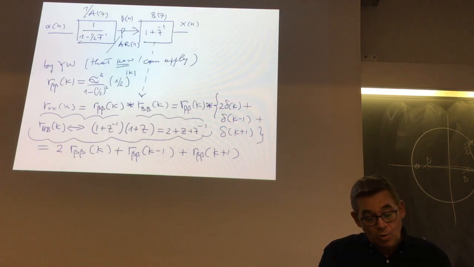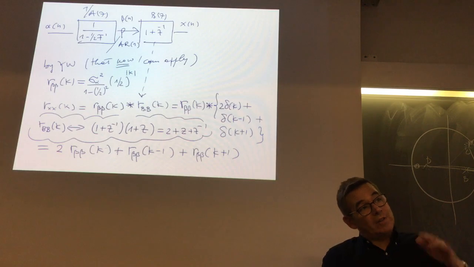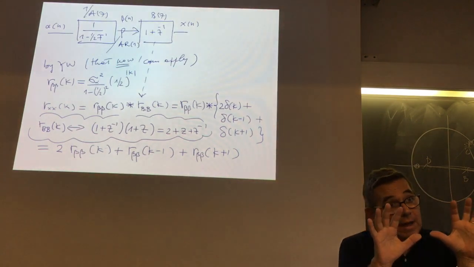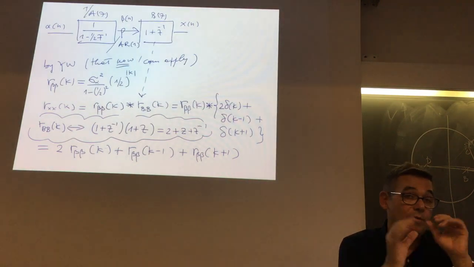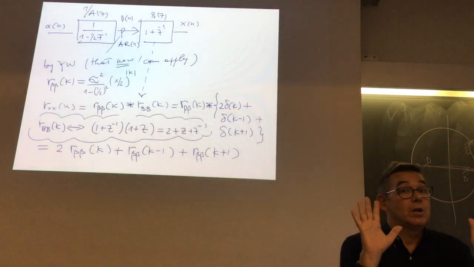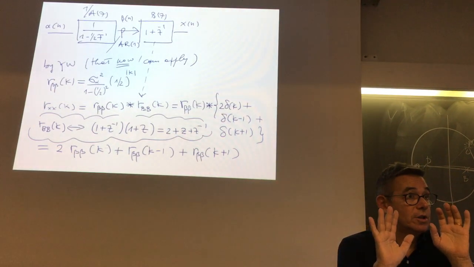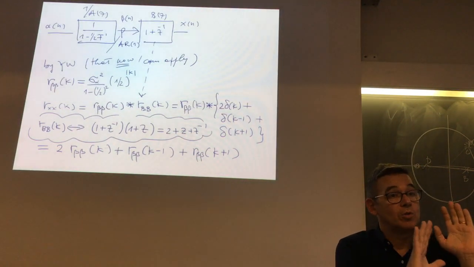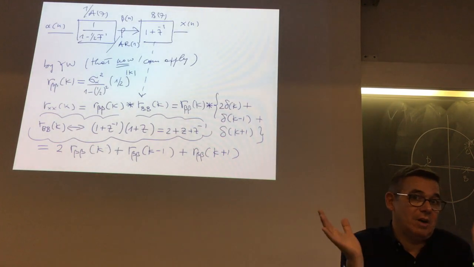So what to remember of that? To remember is that in case you have an ARMA, and the ARMA is a cascade, as usual, of a zero and pole, swap it and make a pole and zero in order. Never make a zero and pole to calculate the autocorrelation, because you can do everything.